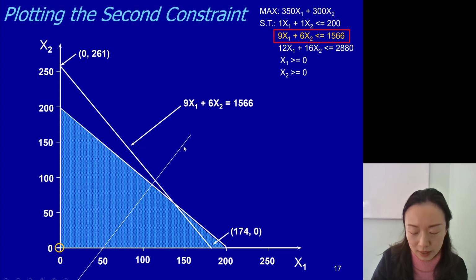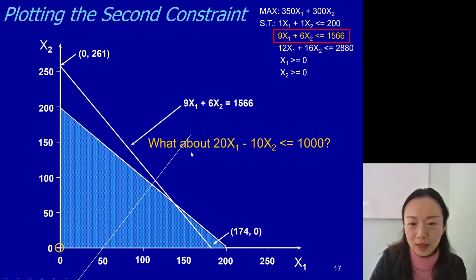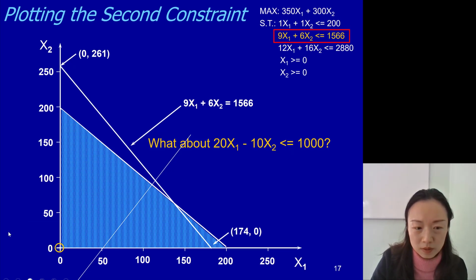This was the line that we draw, okay? And first of all, this is a negative. Even though this is a less than constraint, we don't want to shade the area above it. So we won't shade in this way, okay? Even though it's less than equal to constraint, because our x2, which is on the vertical axis, has a negative coefficient.